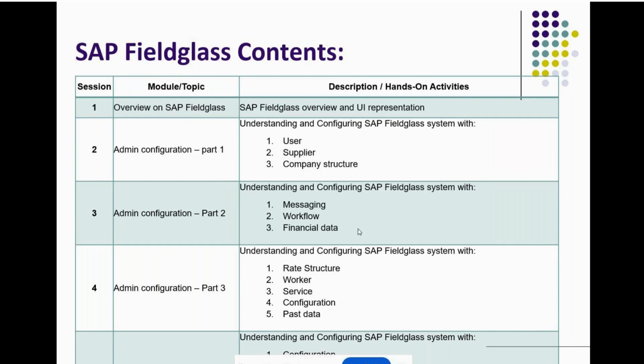For example, under financial data we have invoicing, adjusting, and we can also define rate structure, adjustment groups, and invoicing. We'll see everything in this financial data. Then it can be very easy for you to link that with FICO systems.